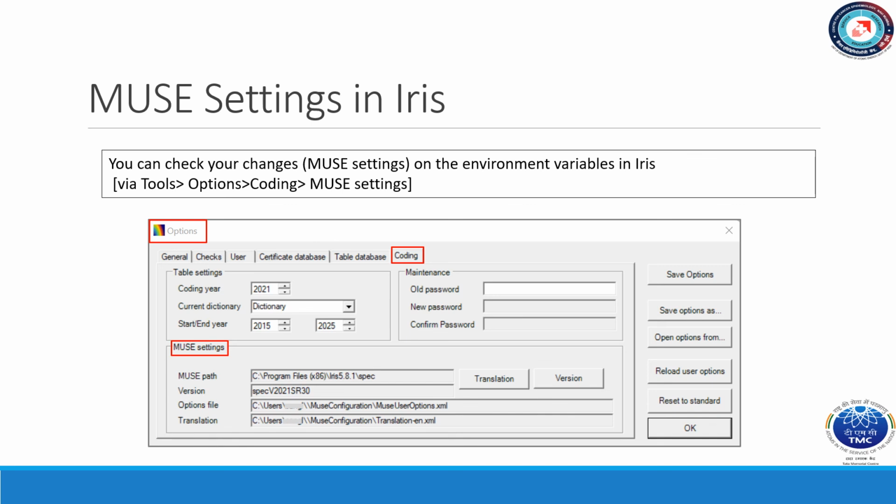One can also set or change path of Muse specification file by clicking on the version button and select the appropriate specification file if not done at the start of the IRIS application, as we have already discussed. With that, you can successfully try out using the Muse function in IRIS.